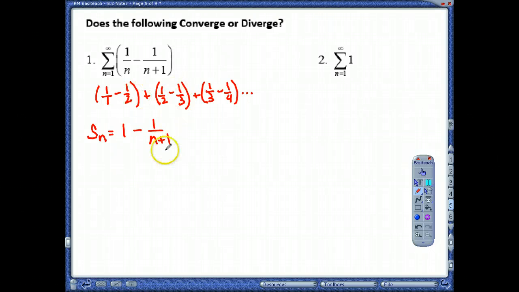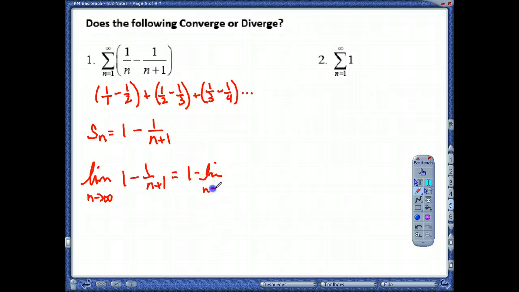Okay, so if I find out where this limit's going, you can put the limit as n approaches infinity of 1 minus 1 over n plus 1, or you can write it as 1 minus the limit, like in the definition. It's going to get you the same place because there's no n here. That's going to stay a 1.